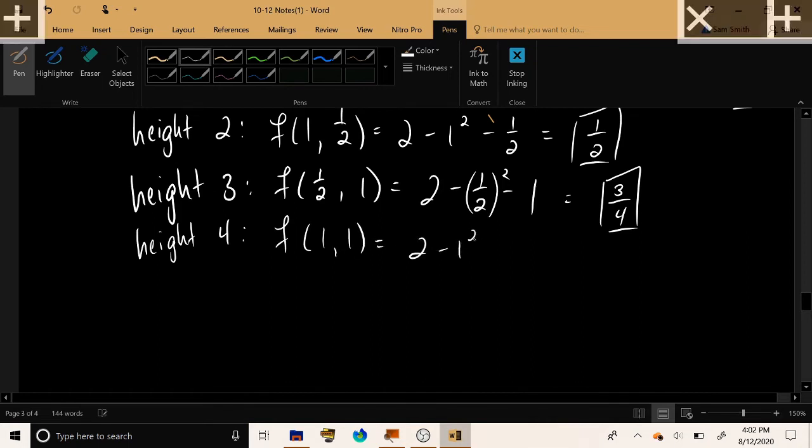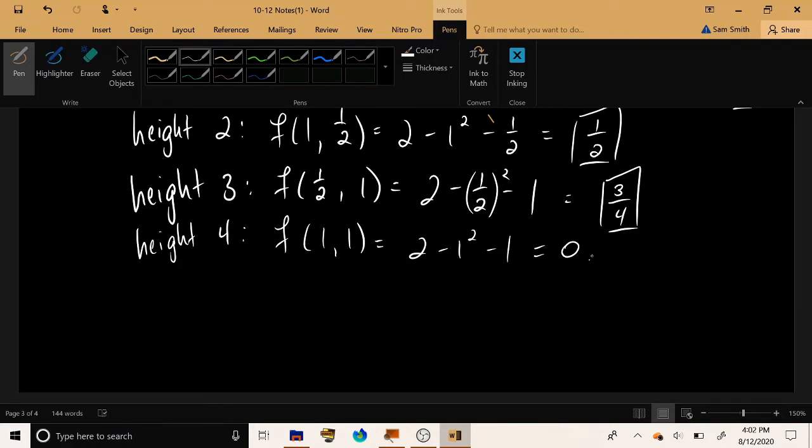Two minus 1 squared minus 1, which is 0. So that position is located directly on the xy plane, and that rectangle has essentially no height.